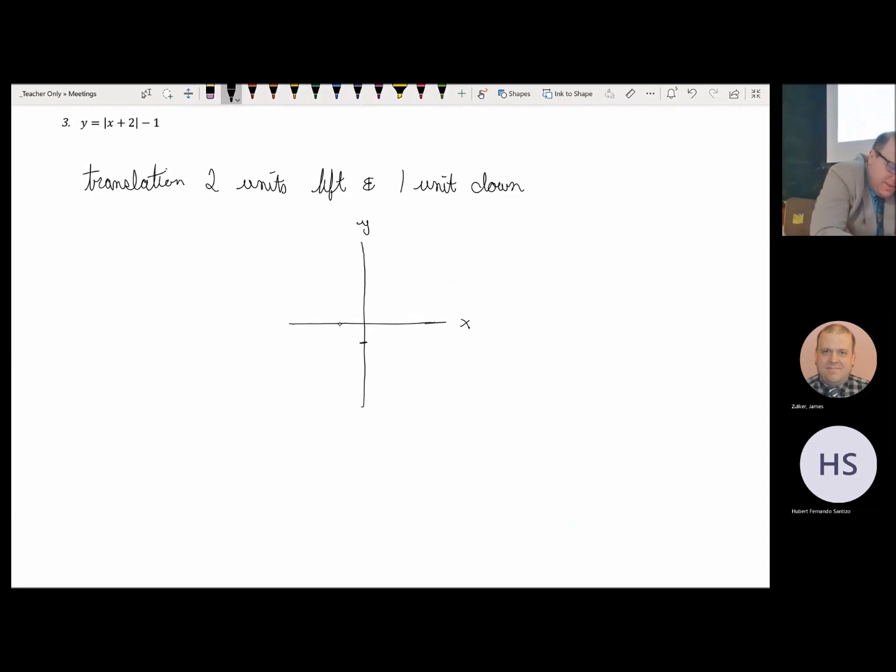There's 1 unit down, let's say, and 2 units to the left. Those are going to be the new vertex.